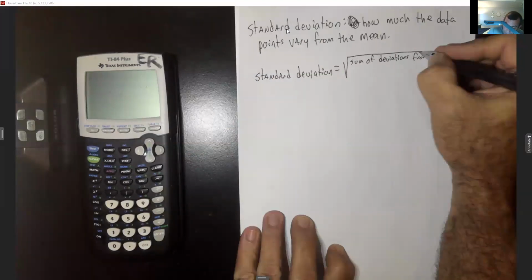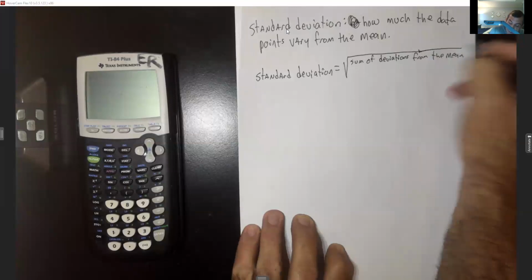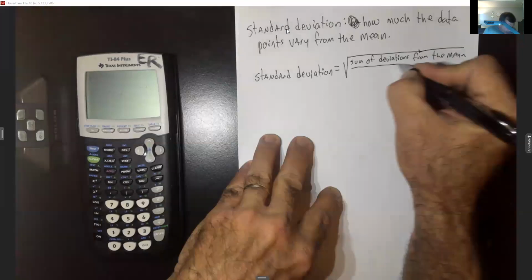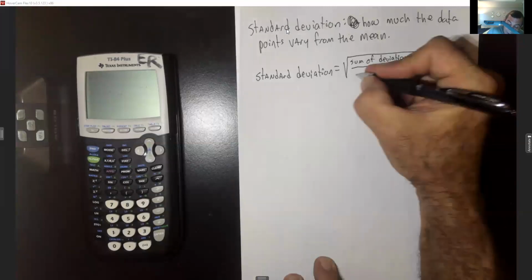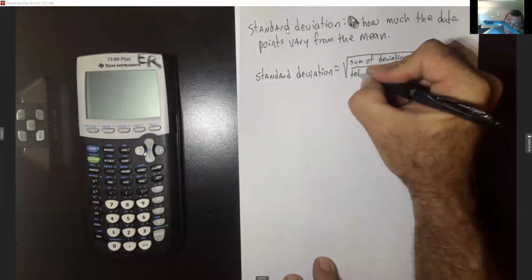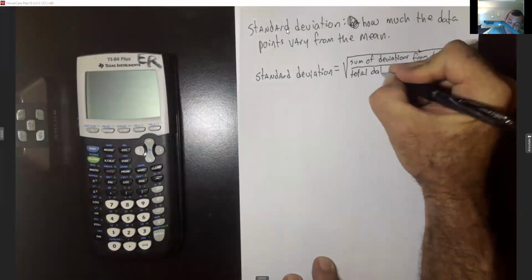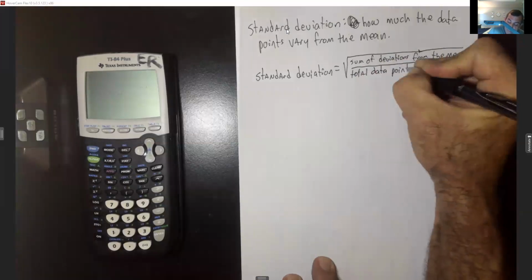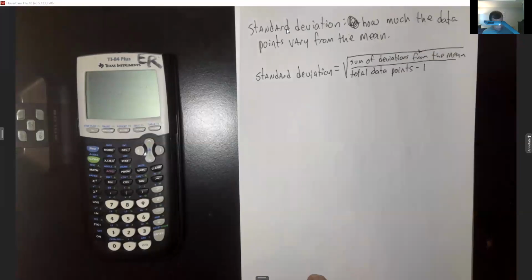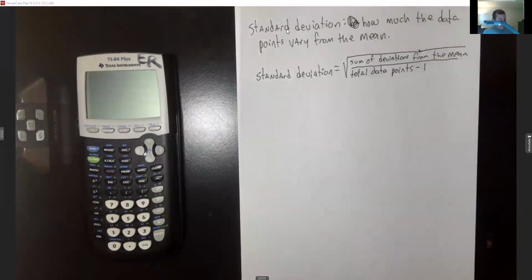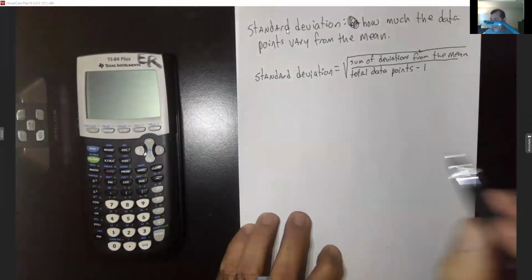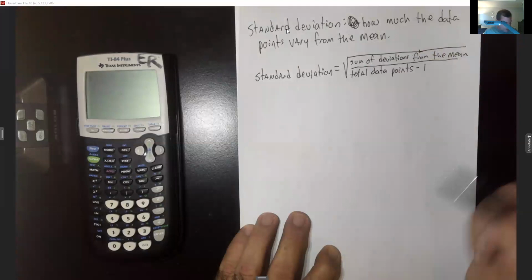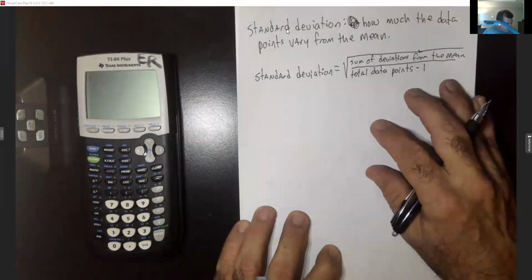So all that's under that little radical. And then that is divided by the total number of data minus 1. So the total data points minus 1. And I'll show you symbols that I use on some of these. Sum, you can use a big fancy E, that means sum. So I'll sort of show y'all that.